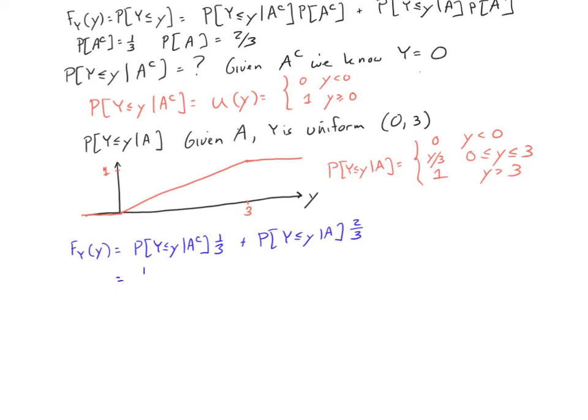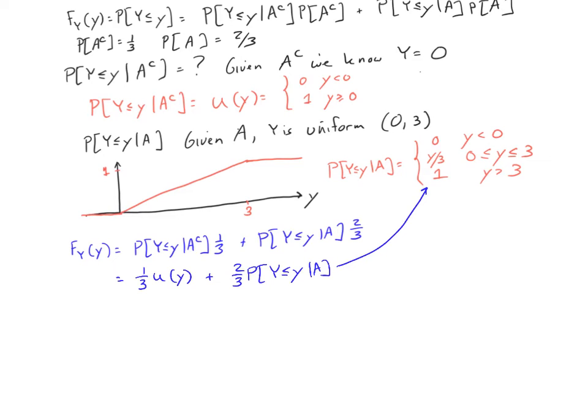And this is 1/3 times u of y. And this is 2/3 times this function here, the probability y less than or equal to y given A, which is just this function up here.